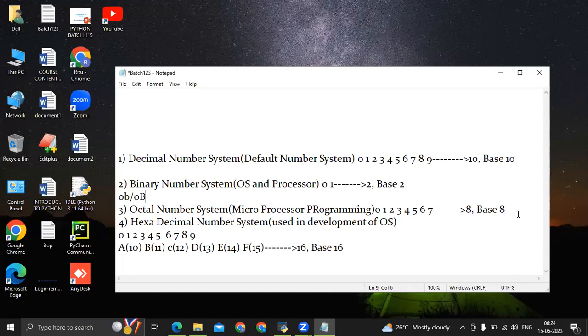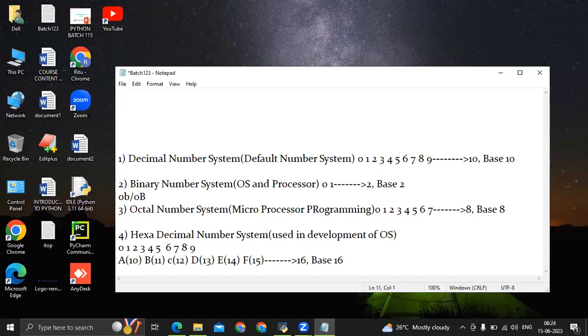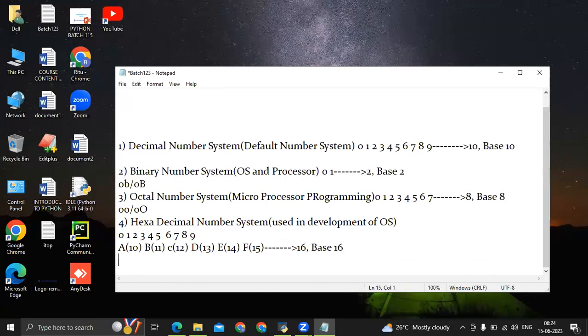If we talk about the octal number system, it will be preceded with 0o. If we talk about the hexadecimal number system, it will be considered as 0x.